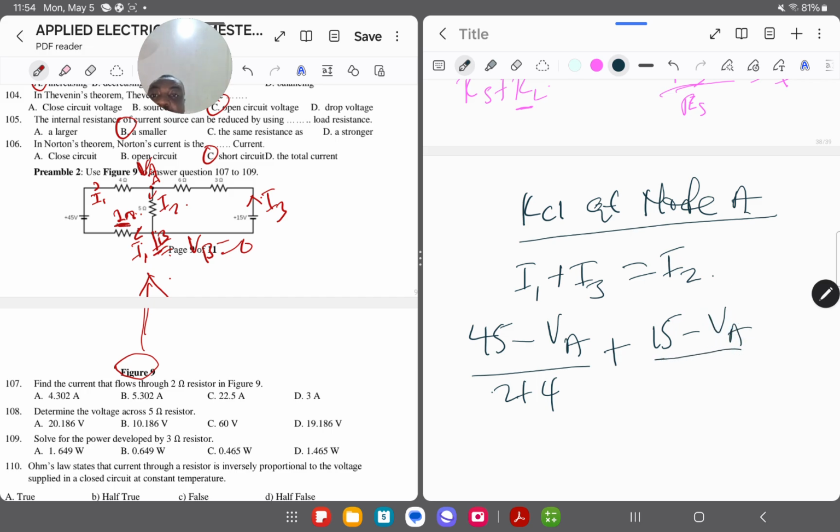Then over, we look at the third branch. You can see in that branch we have 6 ohms and 3 ohms. They are in series, because the same current I3 is passing through them. So we get the equivalent resistance there as well, which will just be the sum. So we get 6 plus 3.